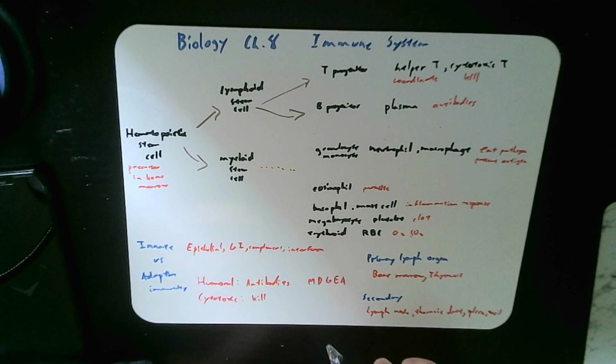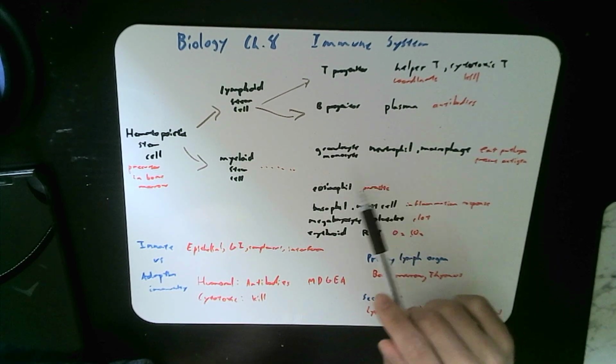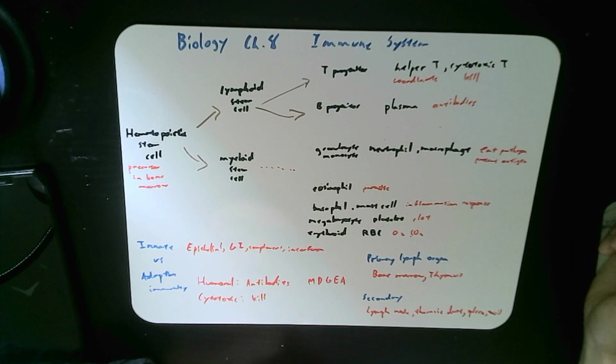Now, what's next? Eosinophils target parasites specifically, and they're really good against that. Neutrophils are really good at just eating everything in general. They eat bacteria, they eat little substances, and just keep the bloodstream clean.